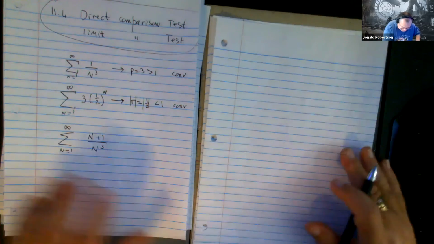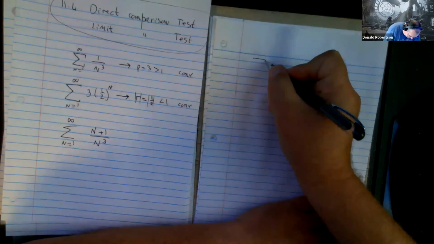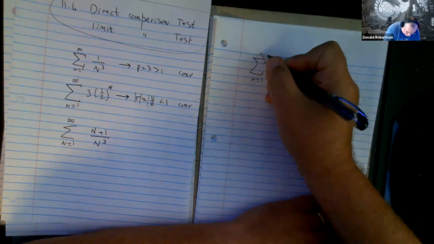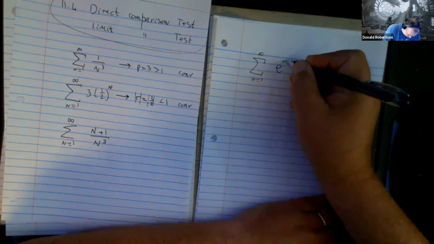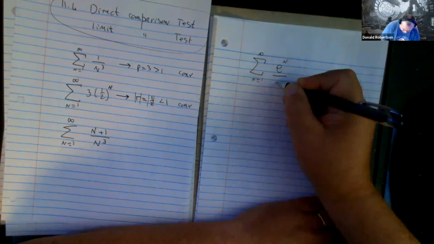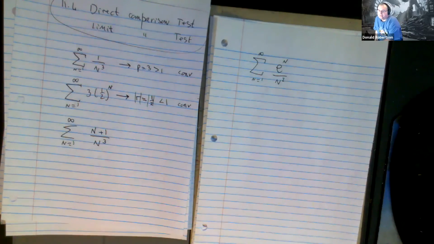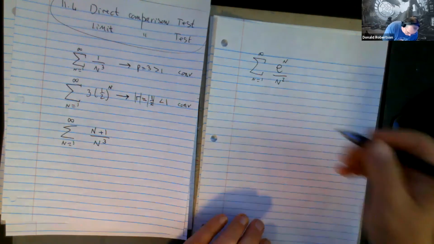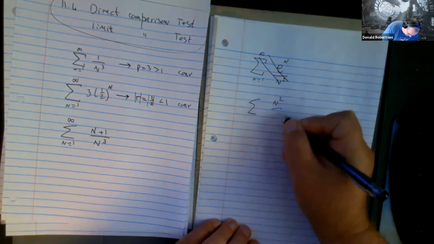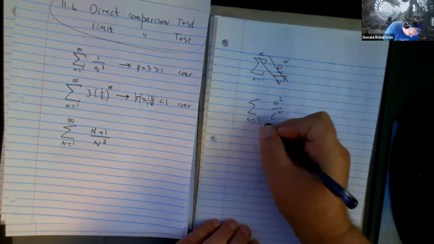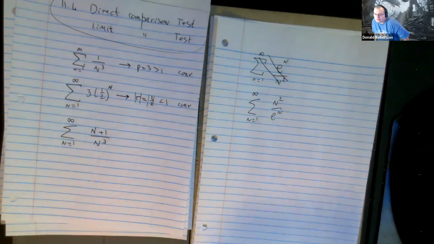How about this fella then? n squared over e to the n. Do you think he's going to converge or not? What's your gut feeling?